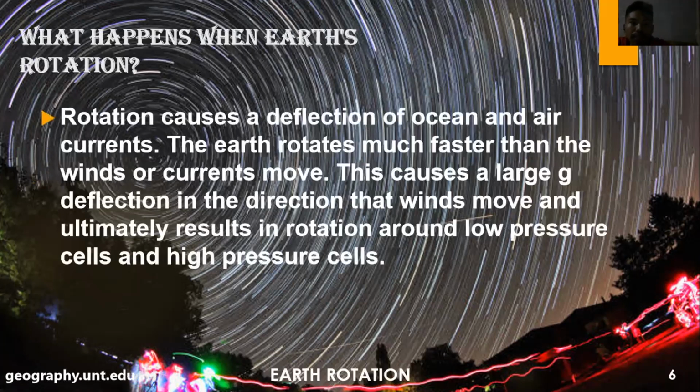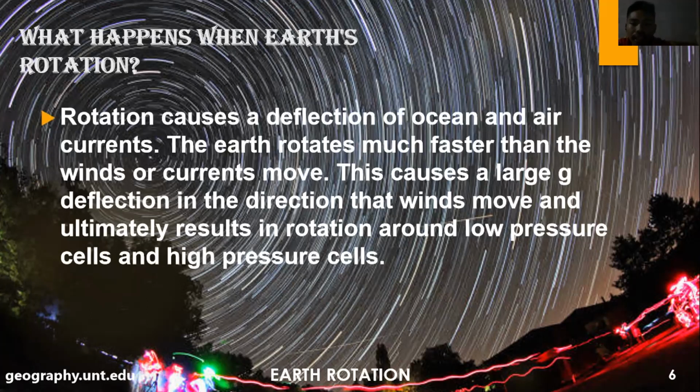What happens when Earth rotates? According to my research again, rotation causes a deflection of ocean and air currents. The Earth rotates much faster than the winds or currents move.